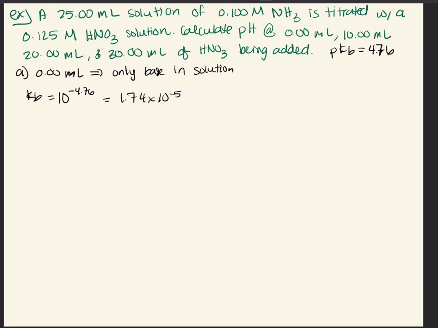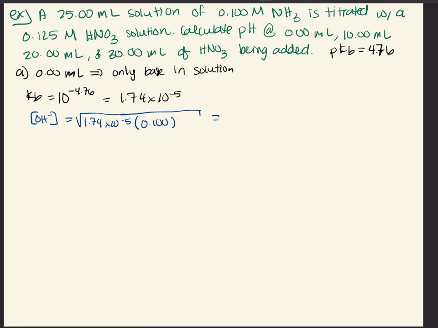Now, as you all know, I always carry out every single one of my sig figs. So if you do these calculations and you get something slightly different, but it's only because you're using the 1.74, that's probably why. So I know that the concentration of hydroxide is going to be equal to the square root of my Kb times the initial concentration of my ammonia, which is 0.10.